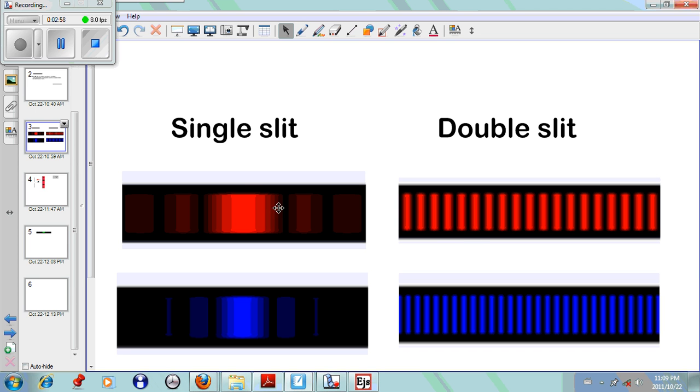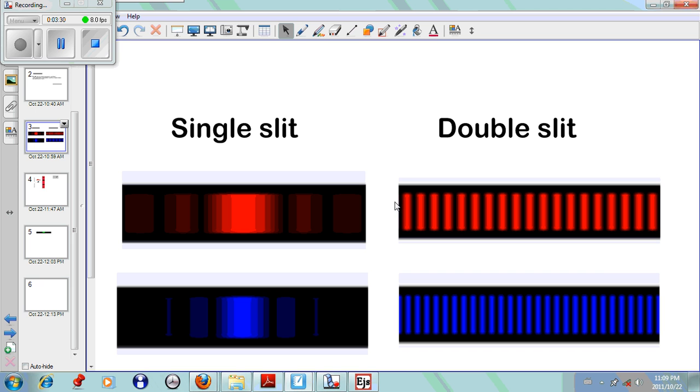The bright bands are areas of constructive interference, areas where light intensifies, and then we get areas of destructive interference where the crest of one wave meets a trough of another wave, and we get dark bands. So it's important to realize that the single slit has a broad central band with alternating bright and dark bands, and a double slit has equal bright and dark bands, as seen clearly in these two diagrams.